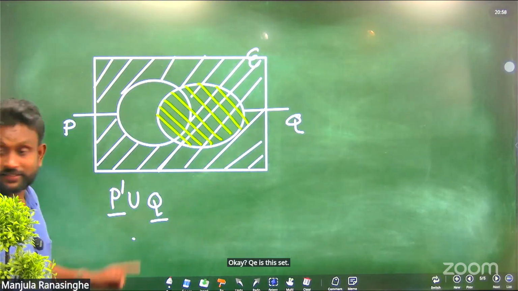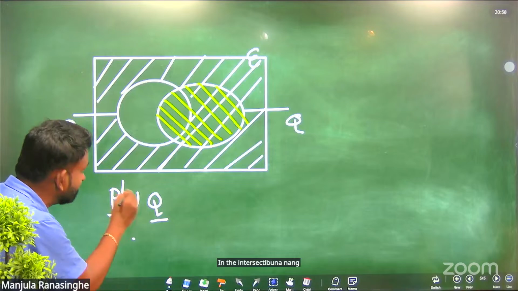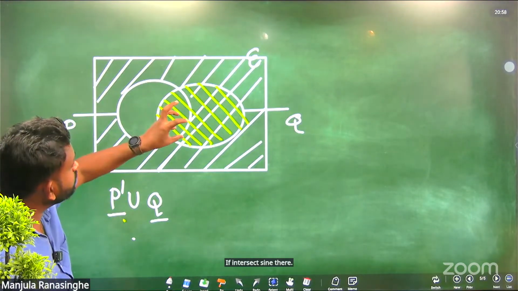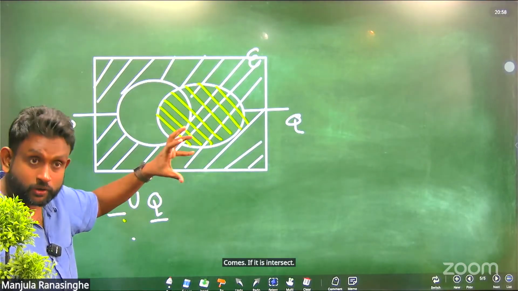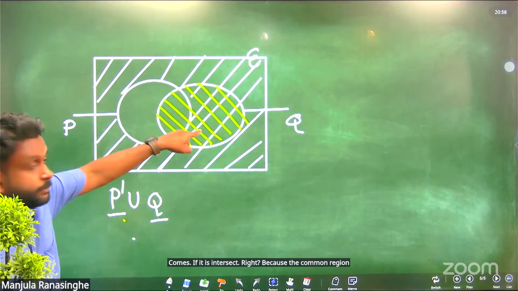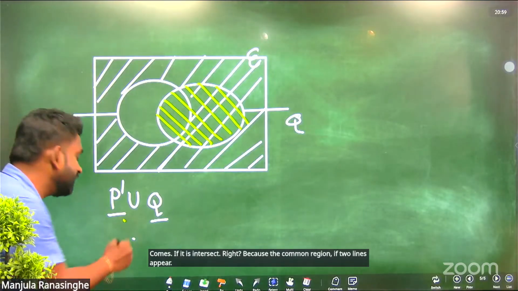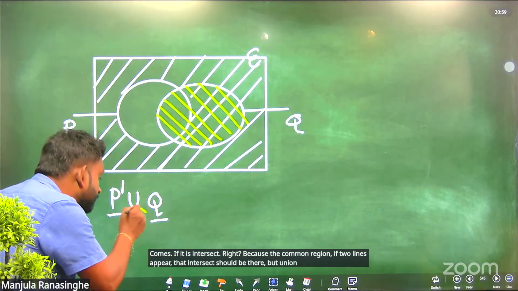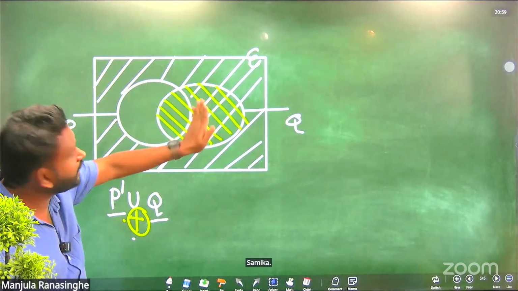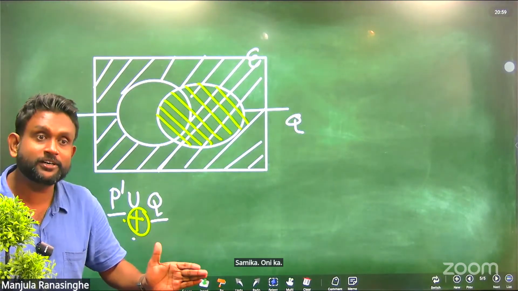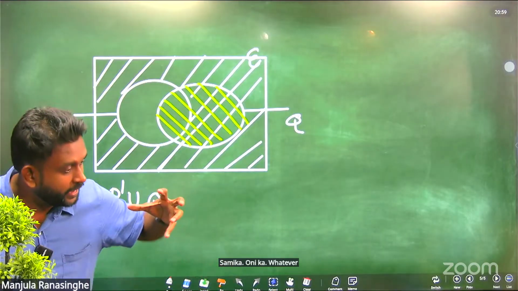If there is an intersect sign, we take where the two lines come, the common region, because if two lines appear, that is the intersect. But union is the sum. The sum means either this line or that line, whatever line appears, you have to add these.